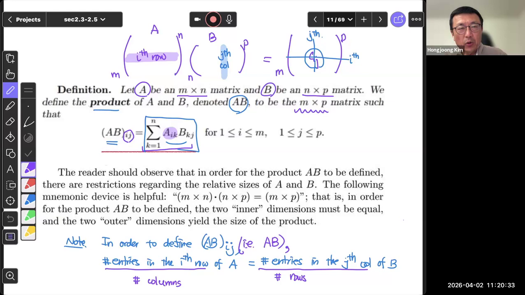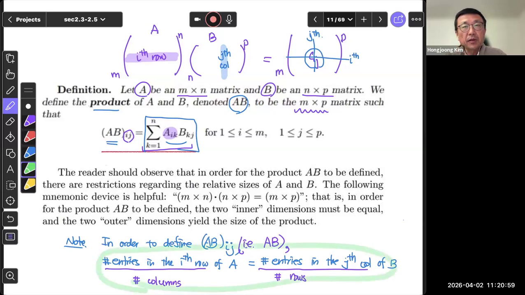So there are many ways to define the product, and in our class, in our textbook, the one shown in this slide is the definition of the product of two matrices. For that definition, I need this property.